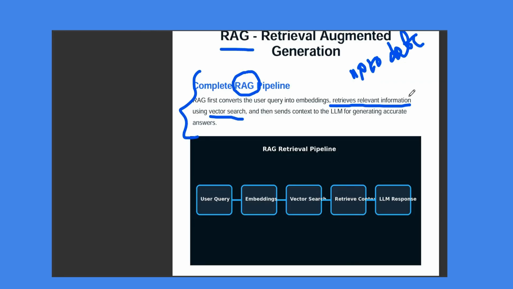So remember this one important line: RAG helps LLMs answer from your own data without retraining the model. So this is the main purpose of RAG.